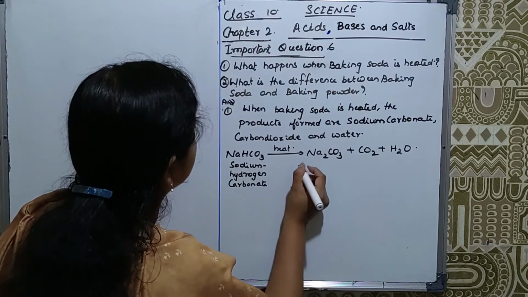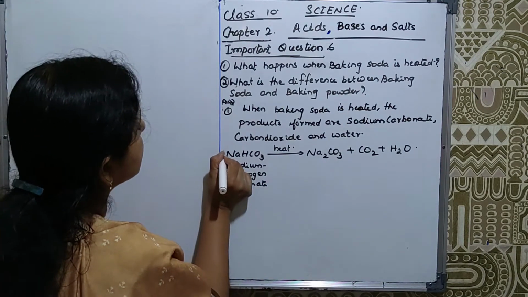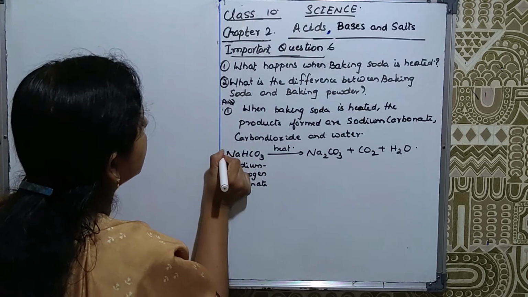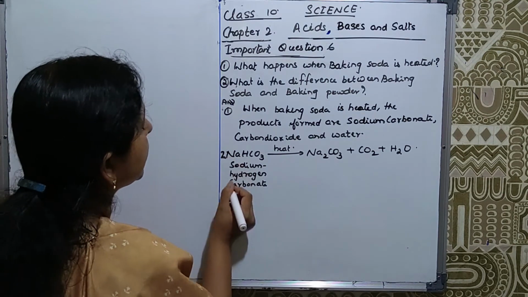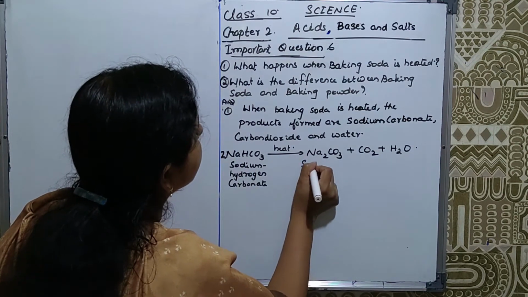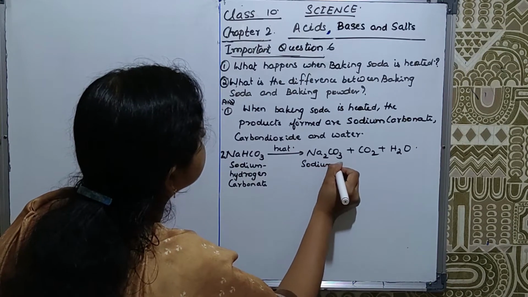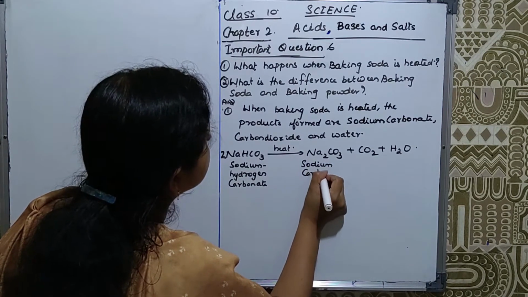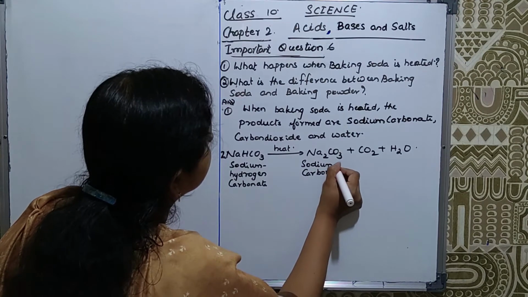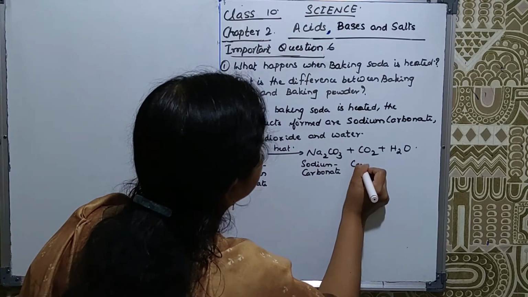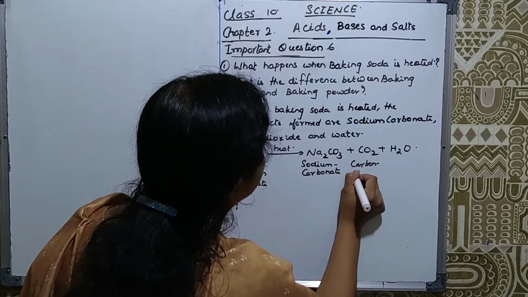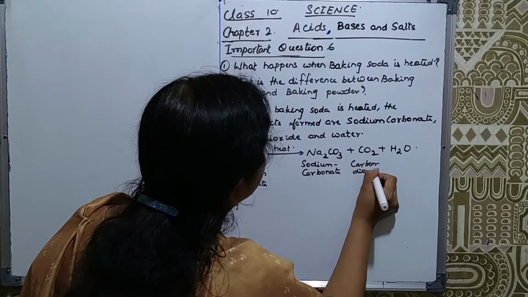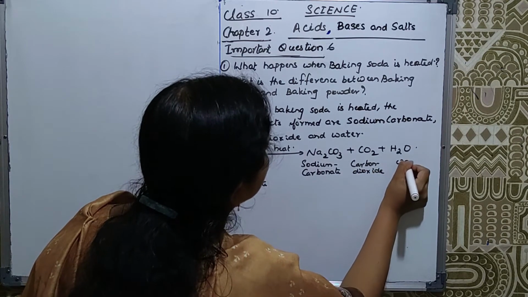So here, sodium carbonate. We have to balance it. 2NaHCO3 gives Na2CO3 plus carbon dioxide plus water.